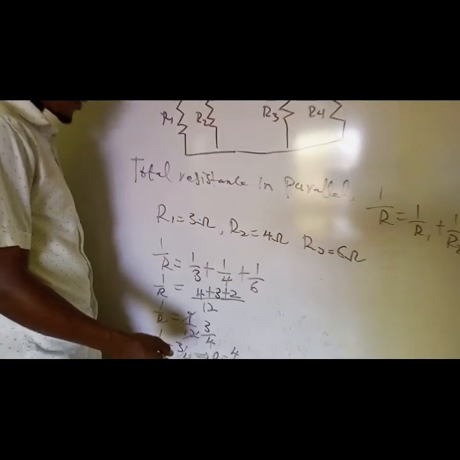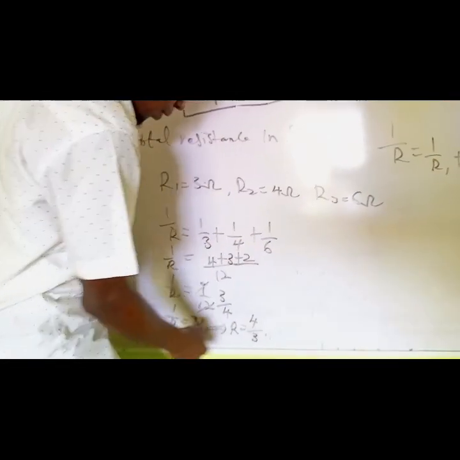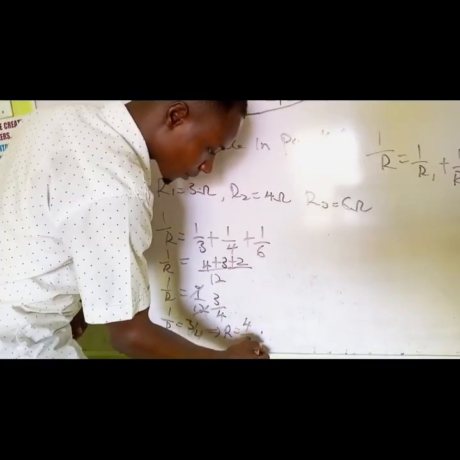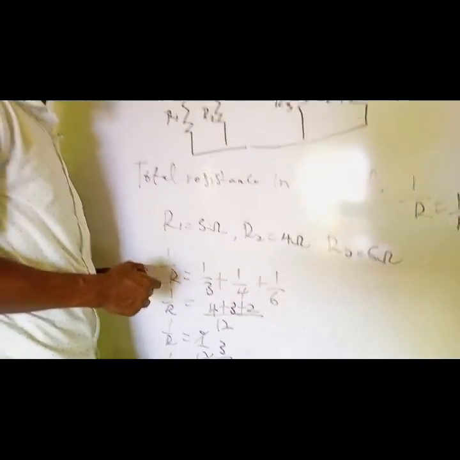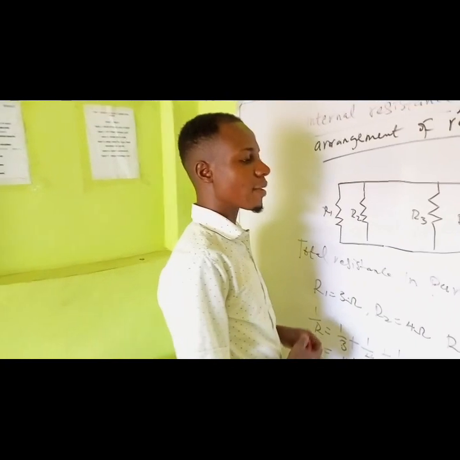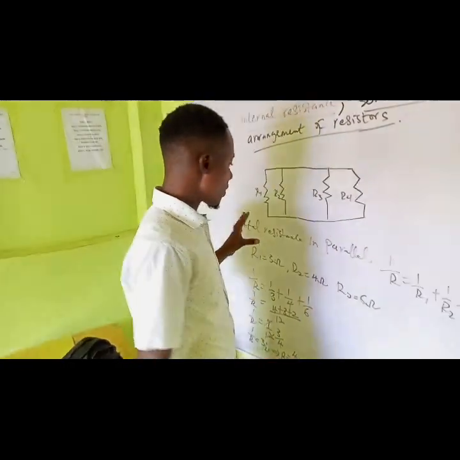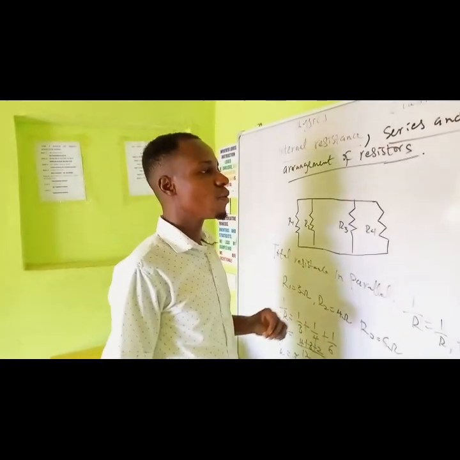And that is our resistance. So when you get the quotient, that will be your resistance in ohms. So this is what parallel arrangement requires you to do. So you need to know how to solve this problem when you are given it.